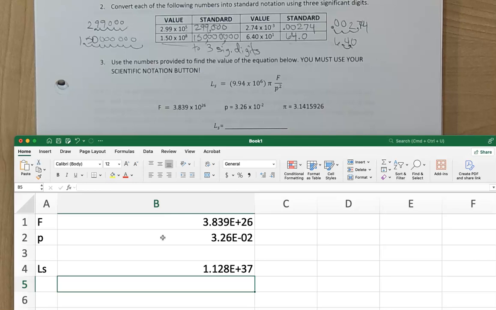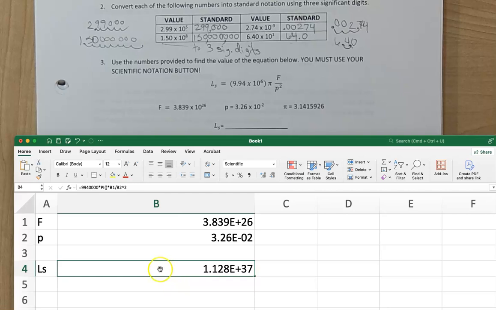We have to round this to the right number of significant digits, because the rule of thumb is your answer cannot be more accurate than the least accurate of your measurements. In this case, we measured F and we measured P to calculate L. How many significant digits does F have? 4.